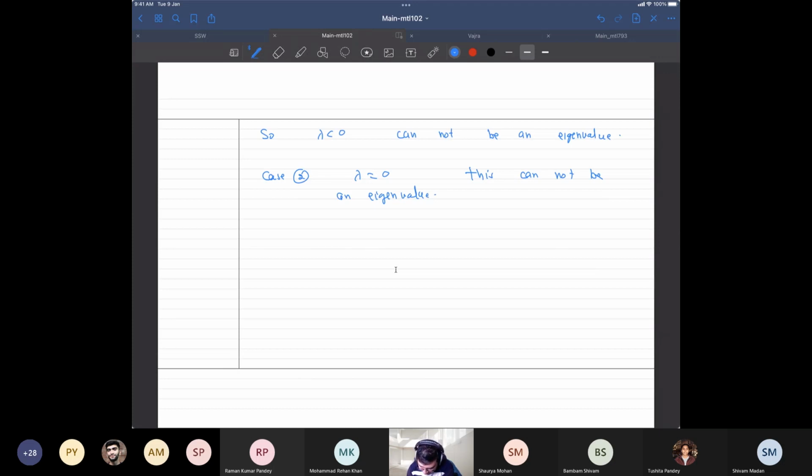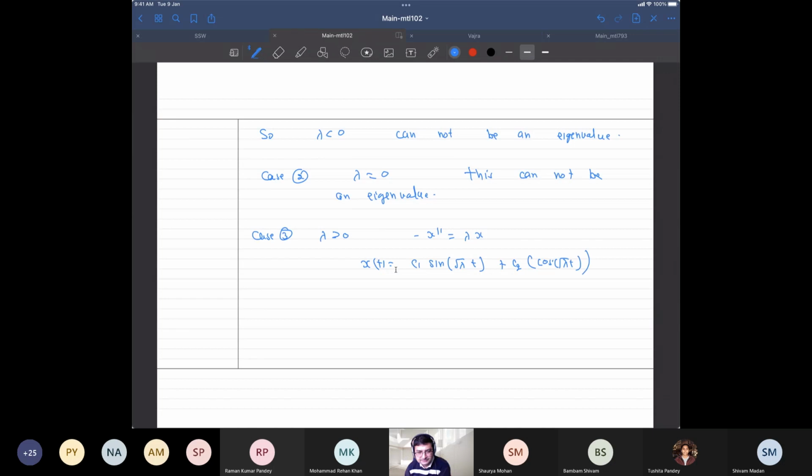Now case 3 is interesting, as we'll see. Let us look at lambda positive. Then the general solution for this case, from the theory you know, is C1 sine of square root of lambda t plus C2 cos of square root of lambda t.